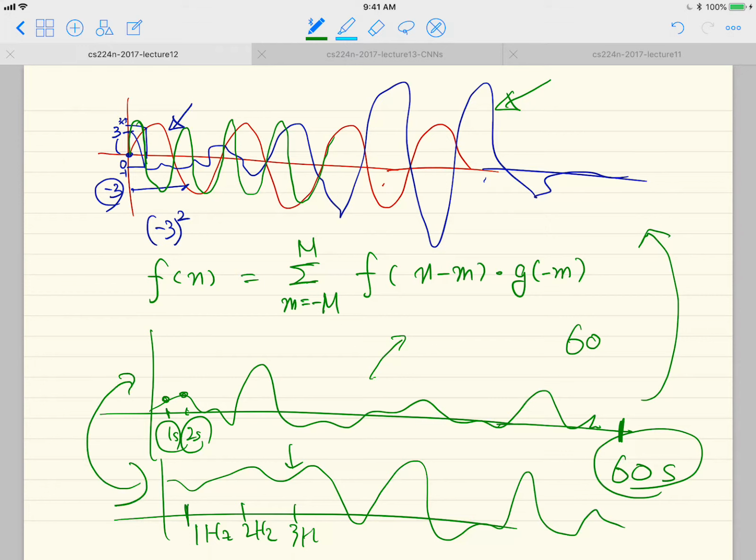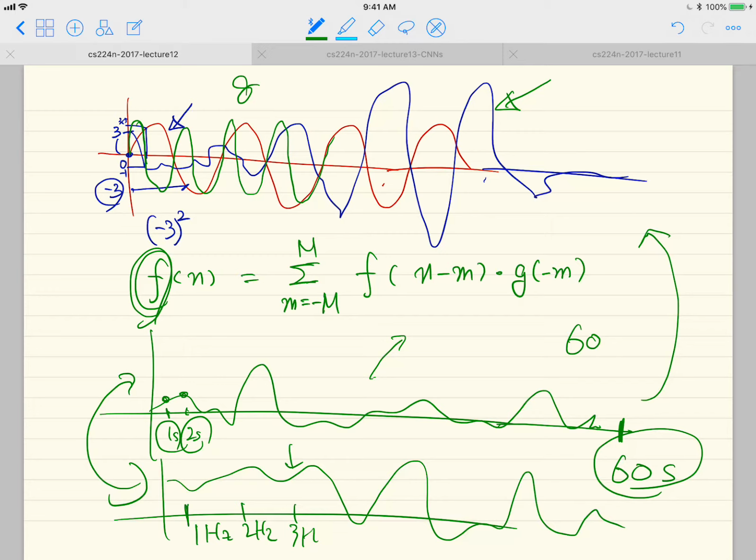They can be converted from one to the other and vice versa. It's basically a one-to-one mapping. So you think of two time domain signals: the original signal f, and another time domain signal g, where g is a sinusoidal kind of thing.